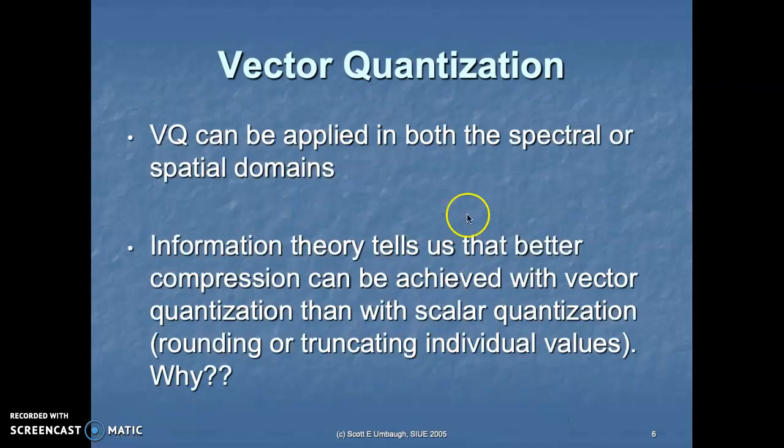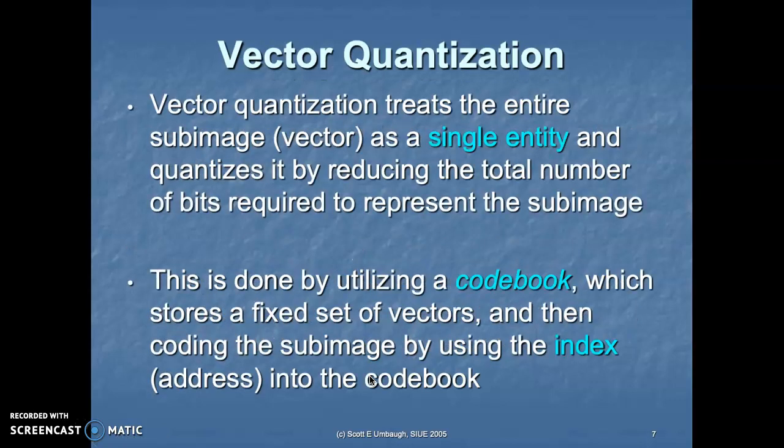VQ can be applied in either the spectral or the spatial domain. Spectral means in the frequency domain, or it can be in the spatial domain. Information theory tells us that better compression can be achieved with vector quantization compared to scalar.